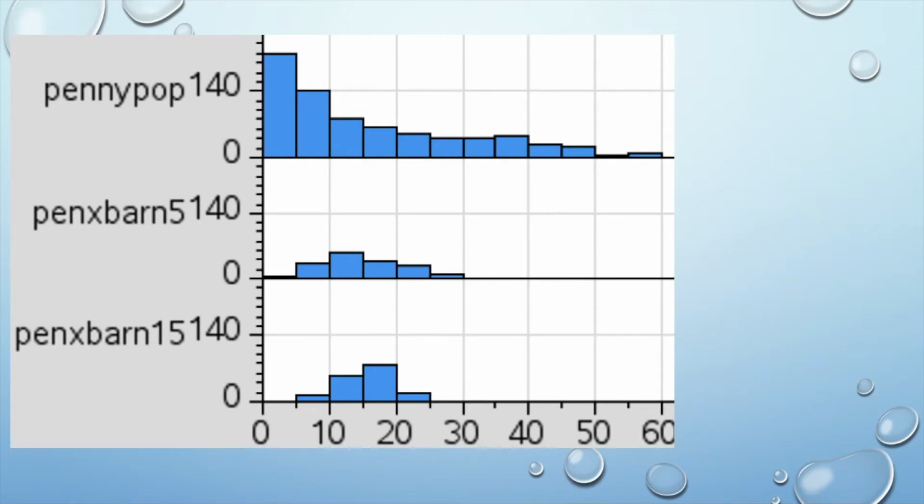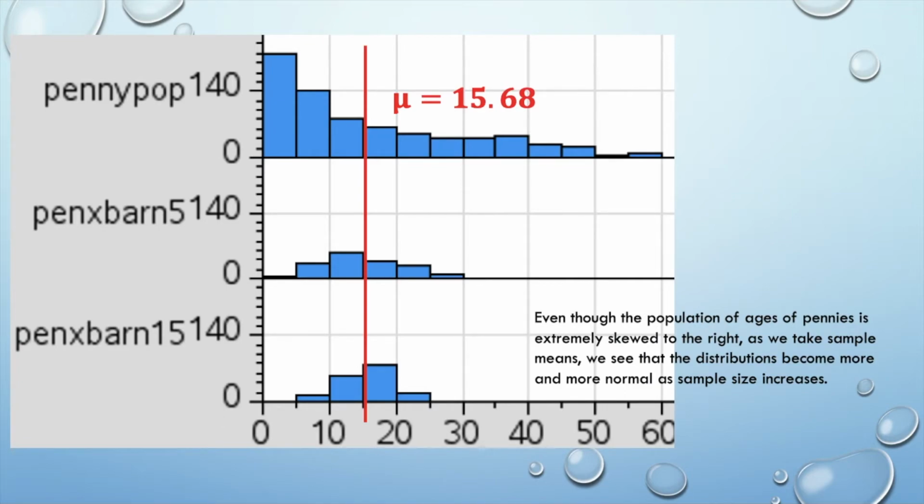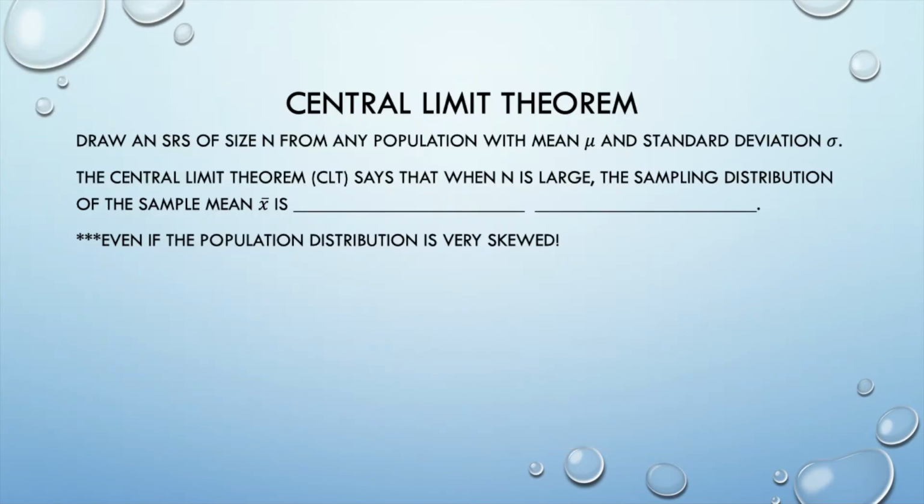Less skewed to the right, more normal, and they're all centered around the true population mean of 15.68. So the means stay the same. The shapes change to more and more normal the larger the sample size, and the variability gets smaller the larger the sample size. So even though the population of ages of pennies is extremely skewed to the right, as we take sample means, we see that the distributions become more and more normal as sample size increases.